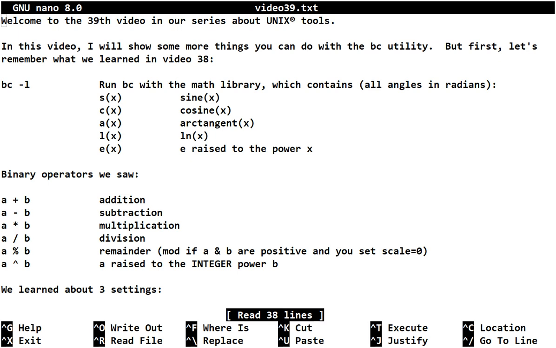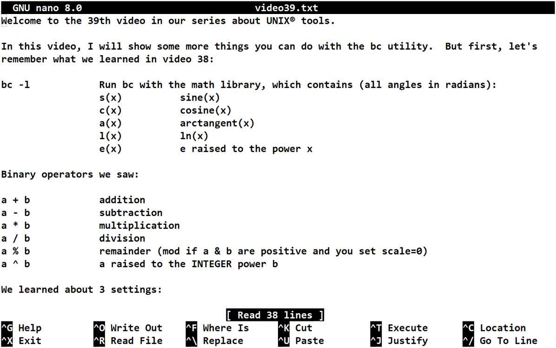We also used several binary operators, plus, minus, star, and slash for addition, subtraction, multiplication, and division. We also had percent for the remainder, but you need to remember to set scale equals 0 if you want it to act like mod, and it will for positive numbers. And we can raise to an integer power using the caret or hat.